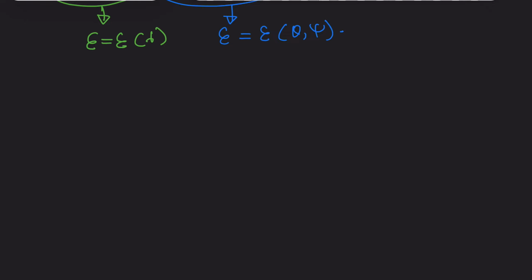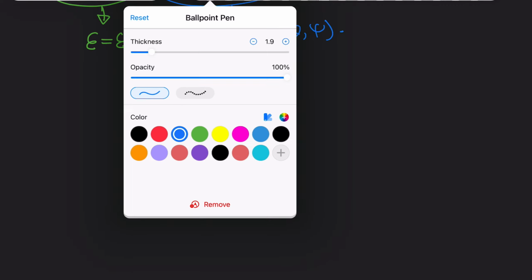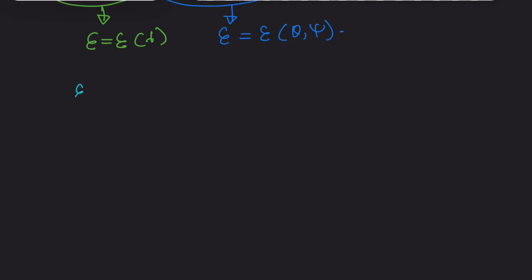So we define this spectral directional emissivity by the symbol epsilon with subscript lambda and superscript dash, and it is a function of lambda, theta, psi, comma T.